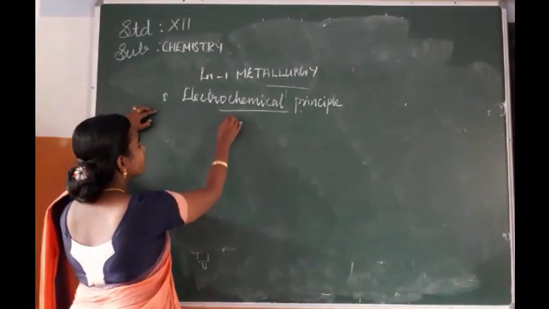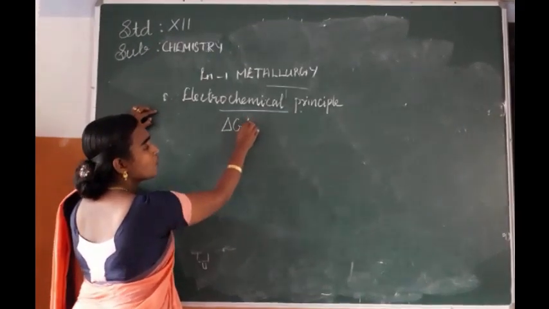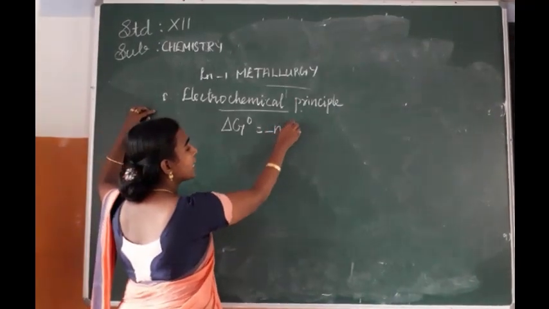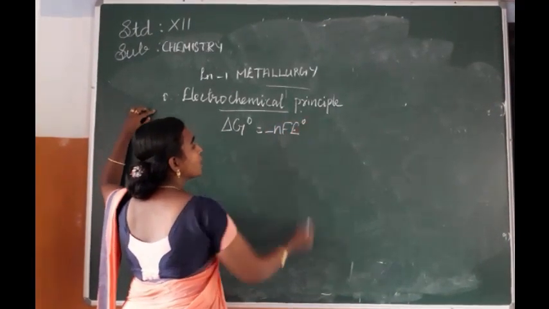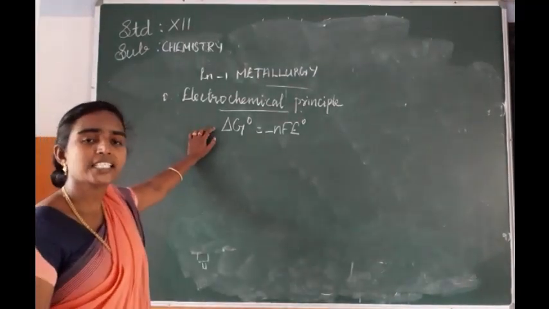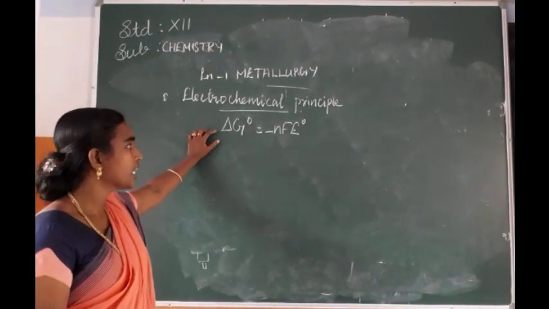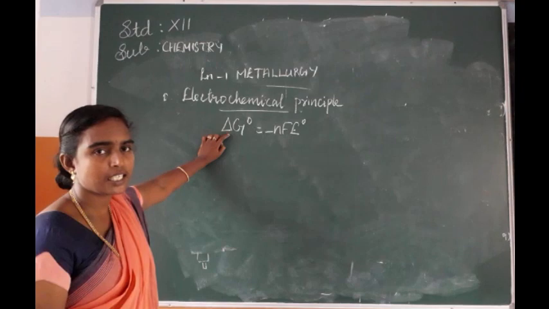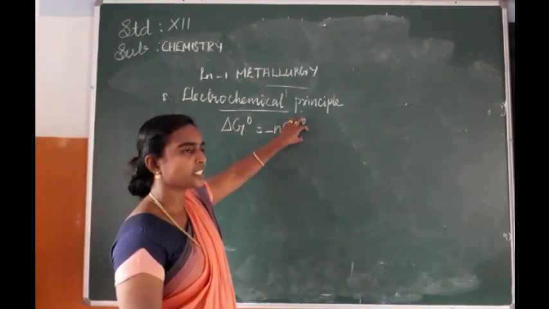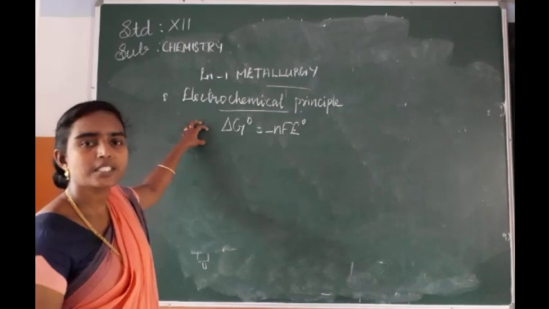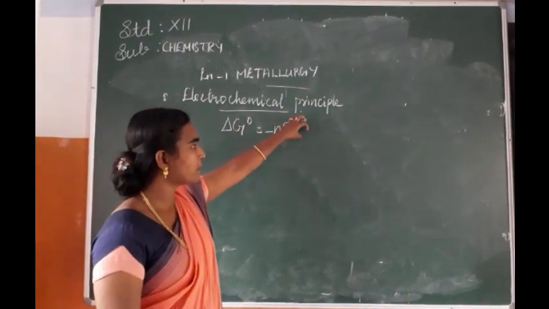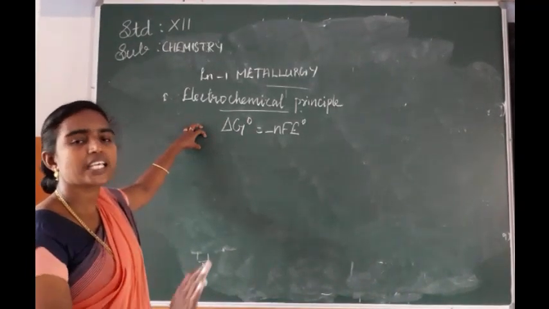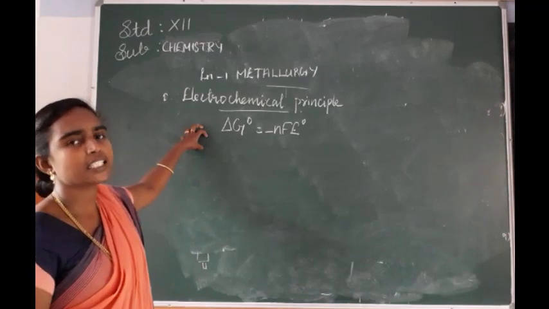According to Gibbs free energy, delta G0 is equal to minus nFE0. For a reaction to be spontaneous, if delta G is negative, we can say the reaction is spontaneous, isn't it? If the EMF value is positive, delta G0 becomes negative. So if E0 is positive, delta G0 must be negative, and in such cases we can say the reaction is spontaneous.